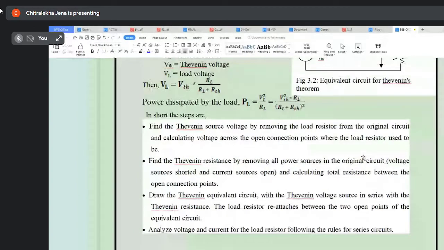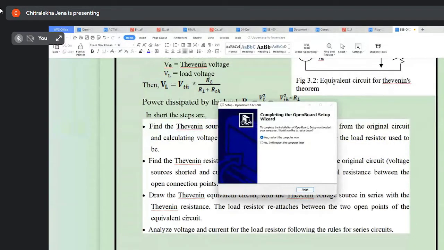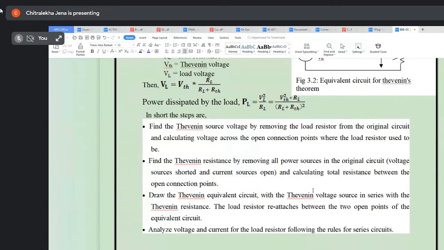What is the Thevenin's voltage? It is the open circuit voltage. Which one will you open? Ma'am, the RL.